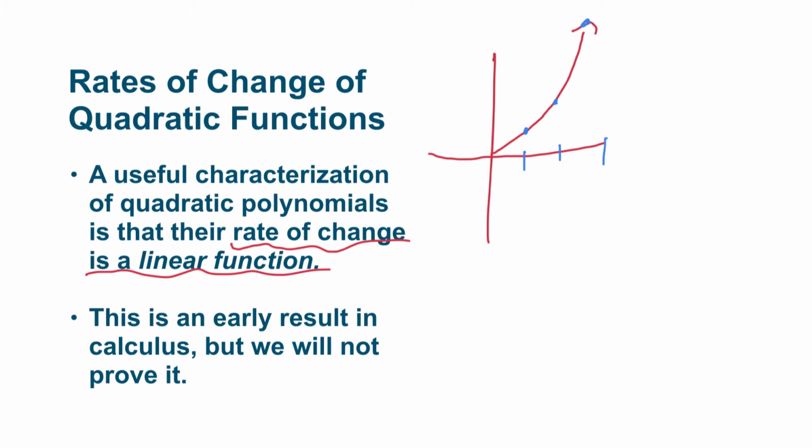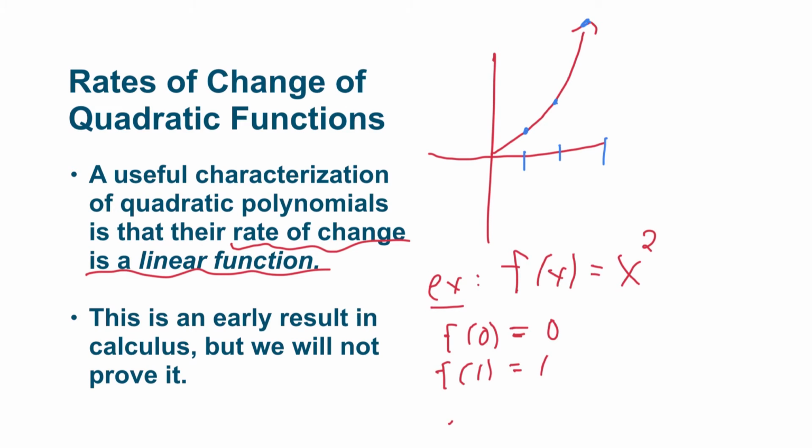So for example, to show you what I mean, let's say that f of x was a really simple quadratic, x squared. Then f of 0 is 0, f of 1 is 1, f of 2 is 4, and let's say f of 3 is 9. Then what would the rate of change be here? It would be the difference between successive values of this function. So it would be f of 1 minus f of 0, f of 2 minus f of 1, f of 3 minus f of 2.